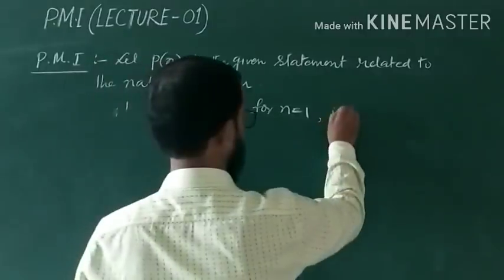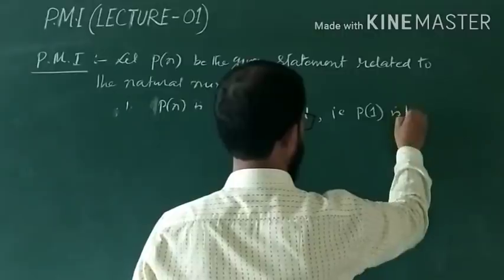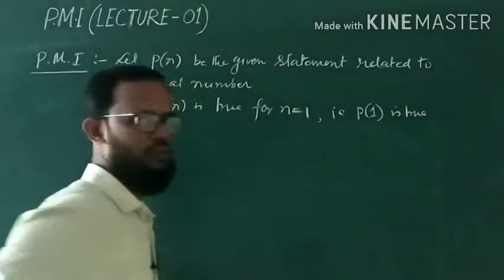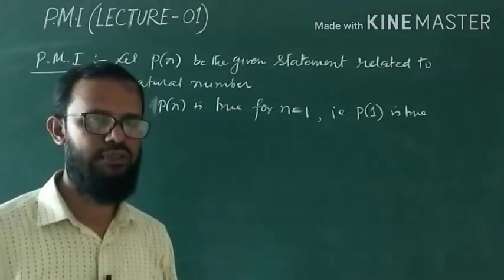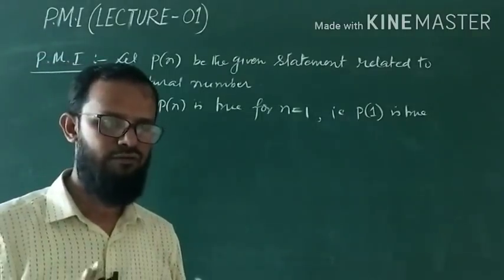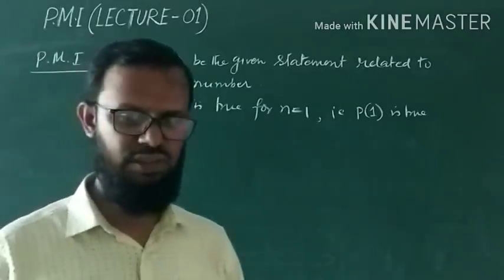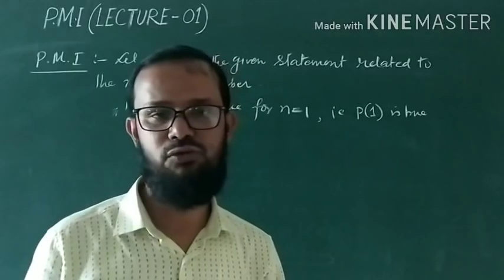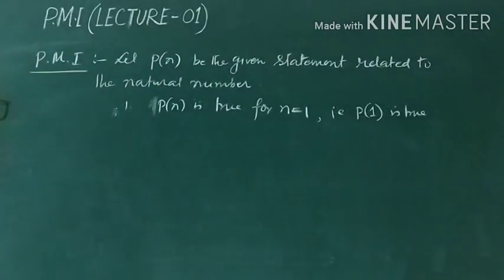That is, P1 is true. If you put n equal to 1, you get P1. That P1 statement should be true. Your first job is to prove that whatever the statement given, it should be true for n equal to 1. That means P1 is true.